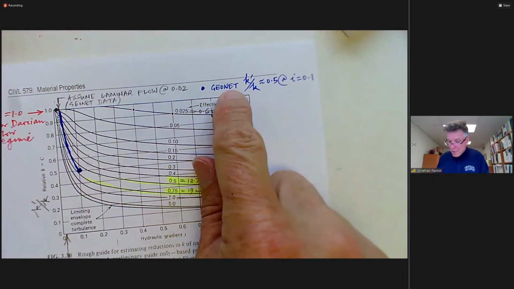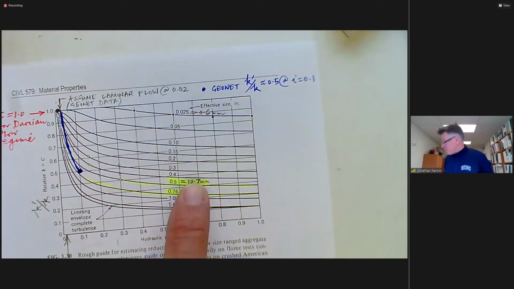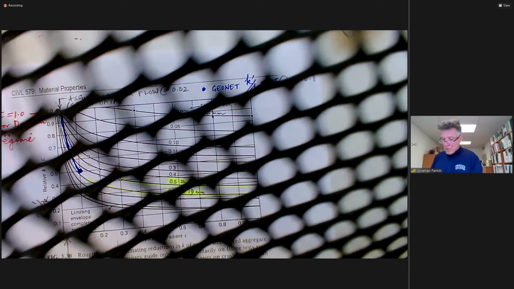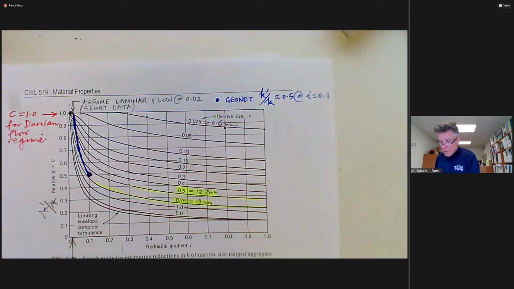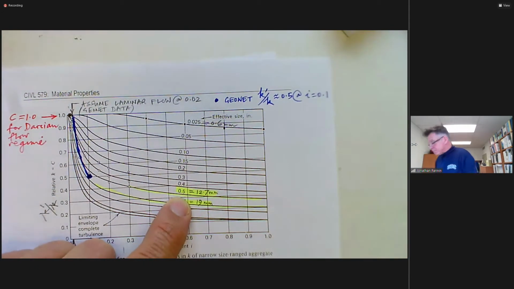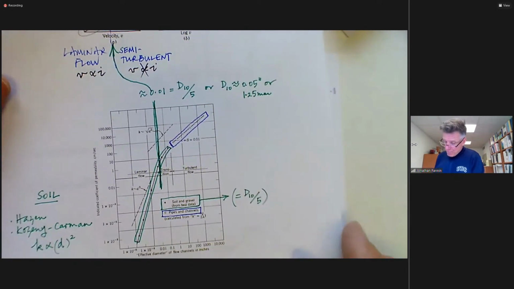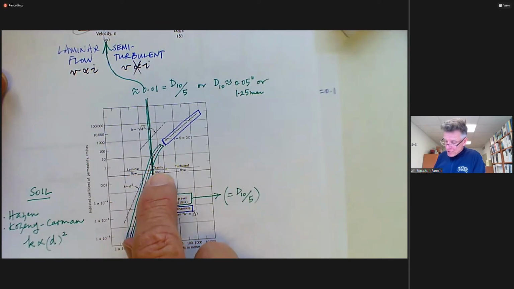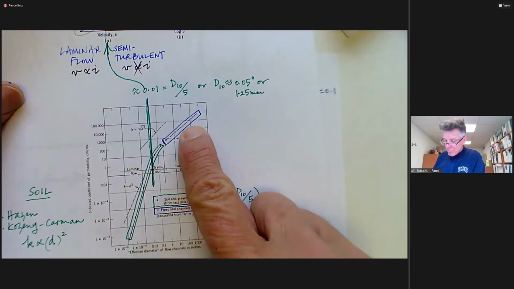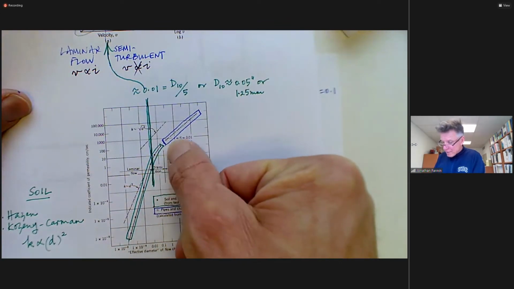And the geonet behaves like a gravel. In terms of its hydraulic regime, the nature of the non-Darcian flow in the geonet here is equivalent to the non-Darcian flow in about a 1/2 inch to 3/4 inch gravel. And were we to cast our minds back to this page a little earlier in the notes, do you remember this one? The laminar flow, the transition into turbulent flow in pipes, laminar flow in soils, but not all soils.